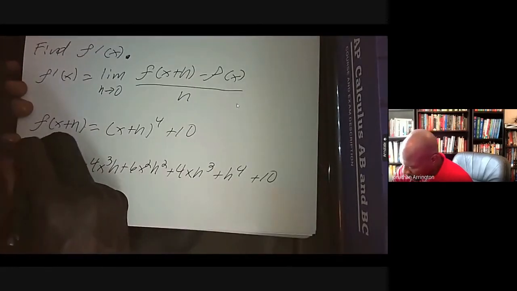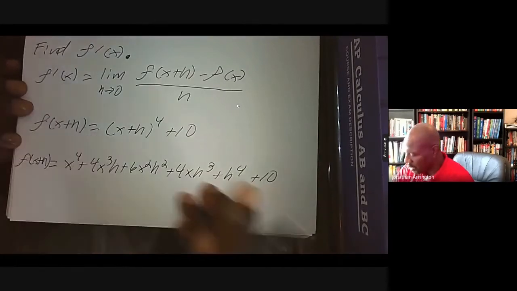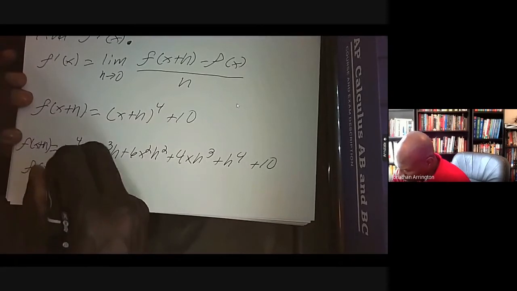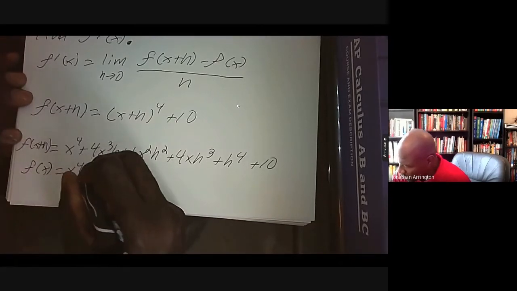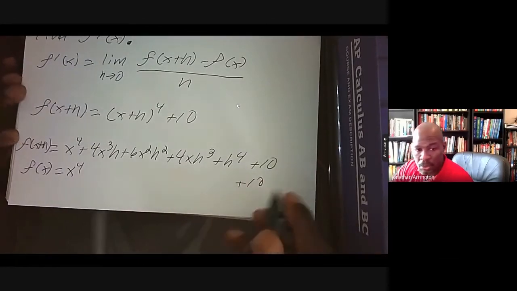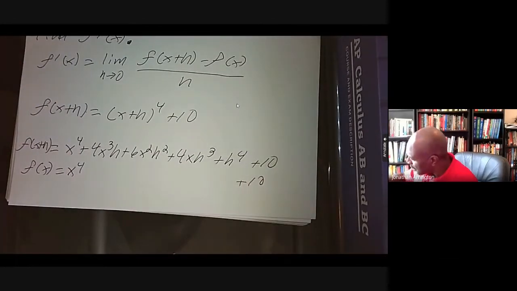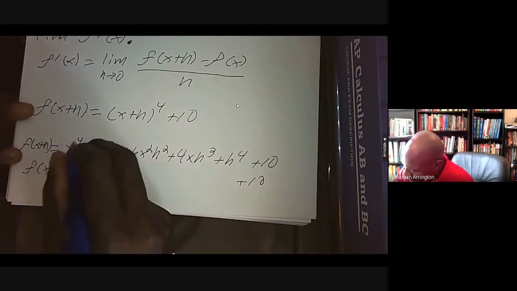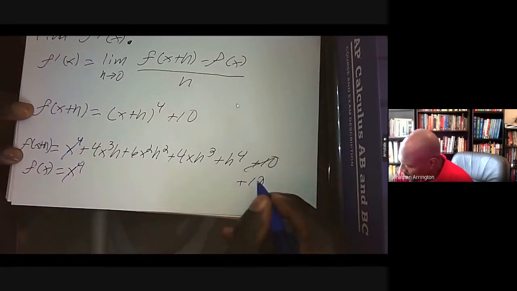So that's f of x plus h. And of course, f of x was x to the 4th plus 10. So when we do our subtraction, this guy would cancel along with this guy.